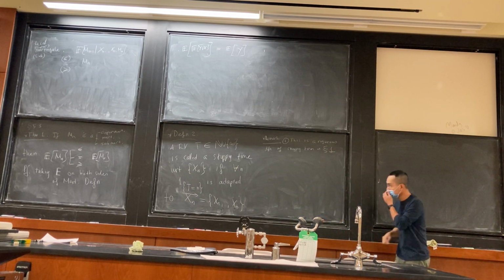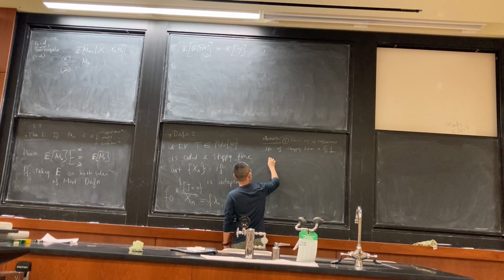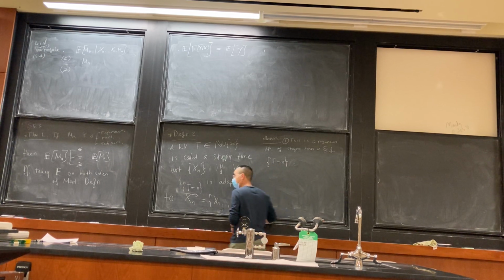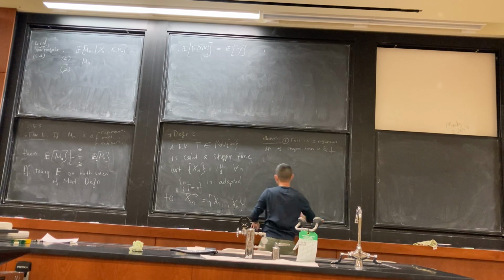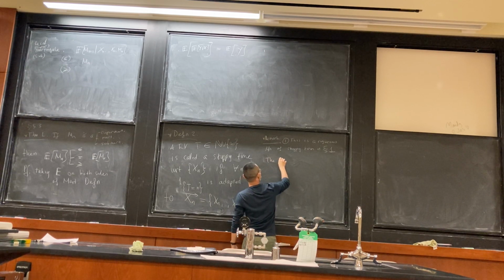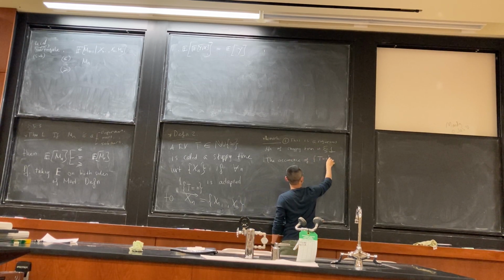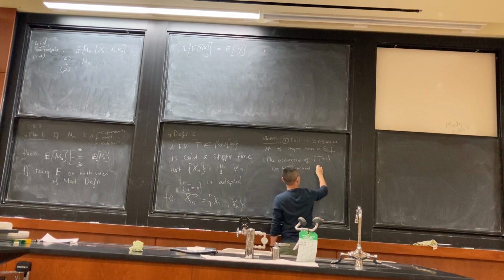Recall that the occurrence of the event T equals n can be determined based on the past X_n through X_0.